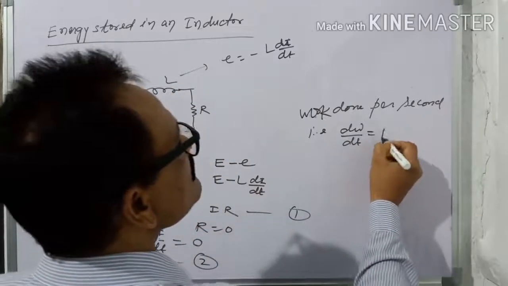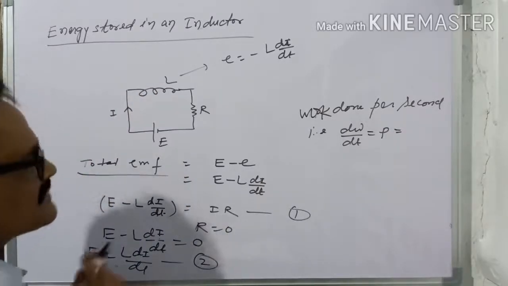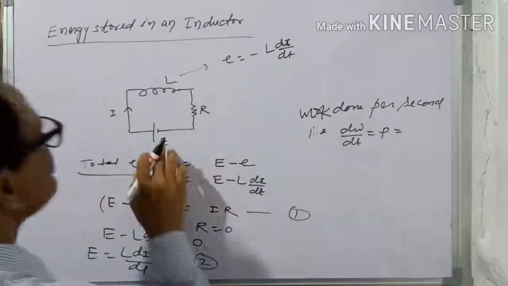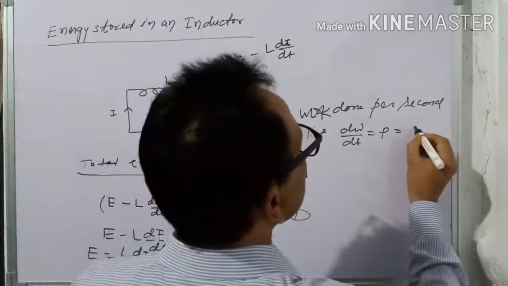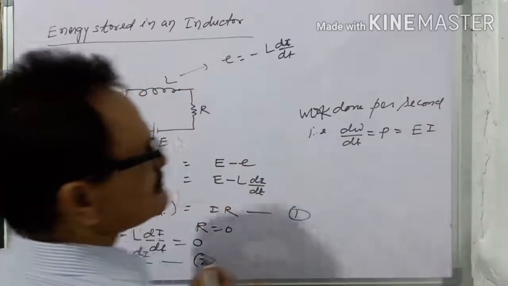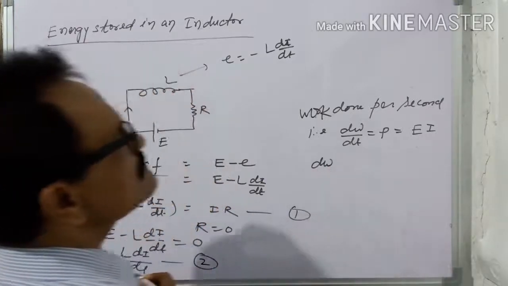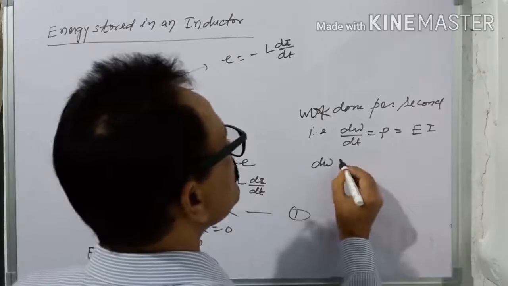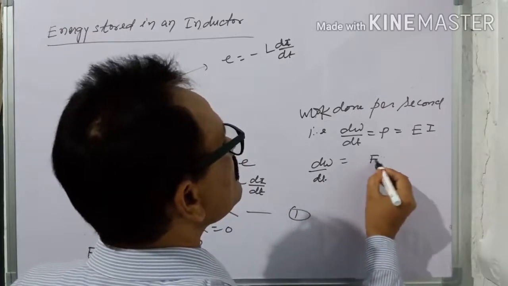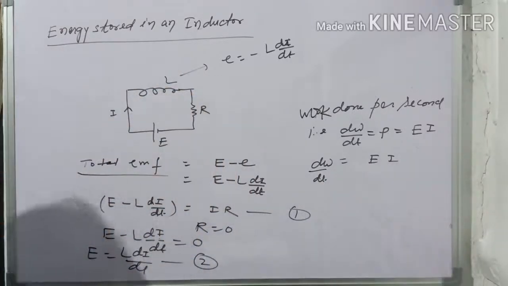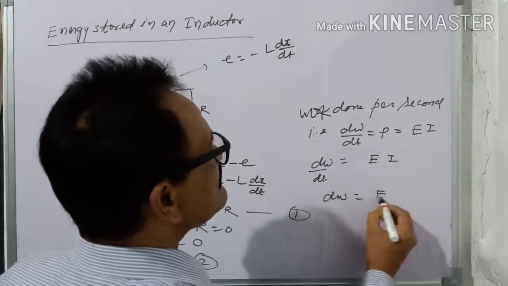This power is equal to voltage, the potential difference, into current, and here the potential difference of the battery is E, so E into current I. So dW by dt is equal to EI, and dW is equal to EI dt.